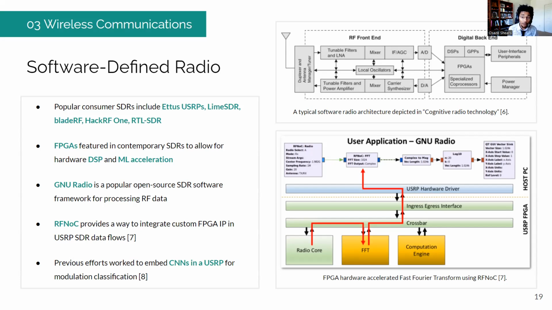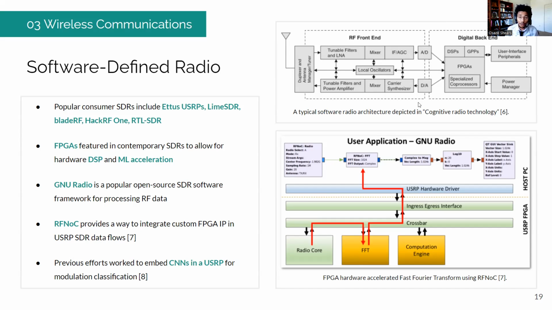And so the RF front end is in charge of actually acquiring the RF data from the spectrum, from the RF frequencies, and converting that into a digital IQ representation. And the actual digital processing elements are going to be performing additional filtering or modulation and actually using the data that the RF front end is collecting.